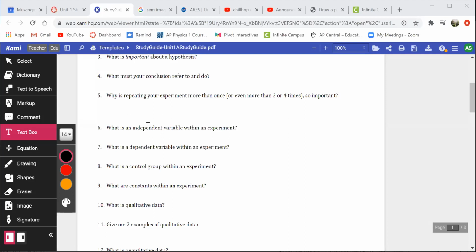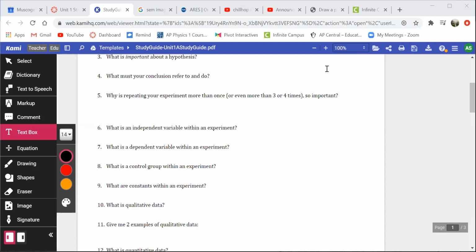Now, if that's what you're changing, what's the dependent variable? The one you don't change. So it's the one you don't change, but what does it do? The result of whatever you changed. So this is what's going to respond to what you changed.